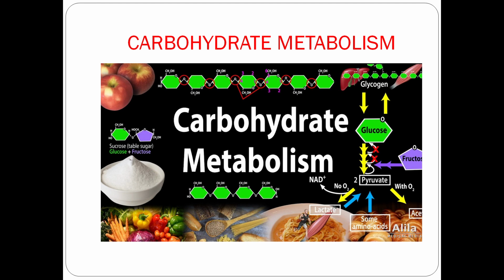In this process, glucose is oxidized to carbon dioxide and oxygen is reduced to water. The energy released is stored in the form of ATP, which is very important for us. 36 to 38 ATPs are formed from each glucose molecule.